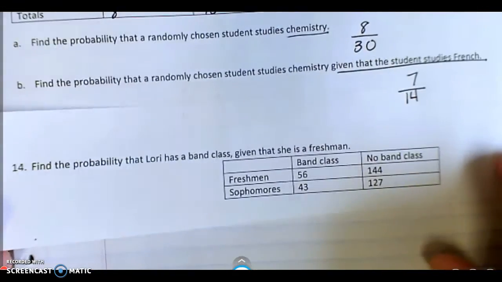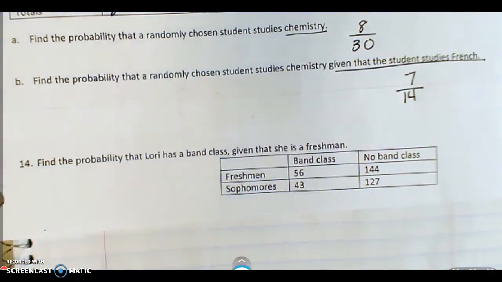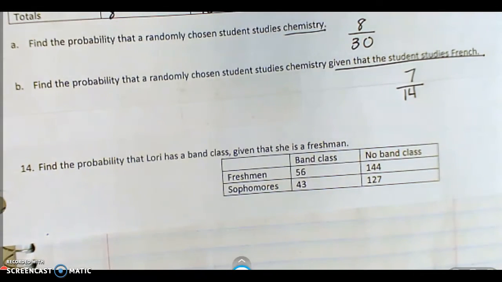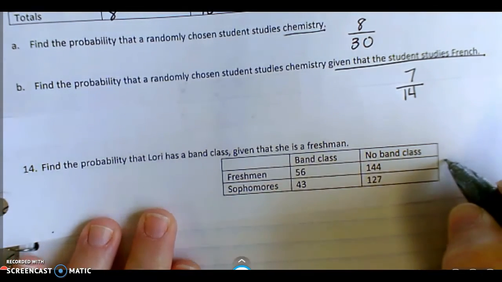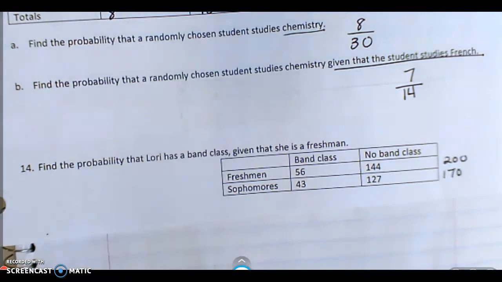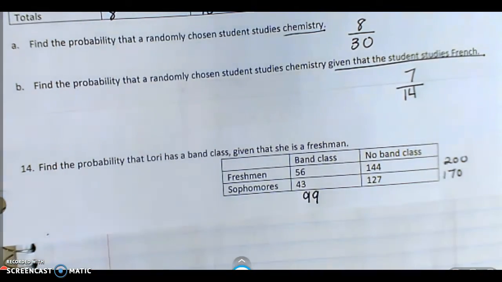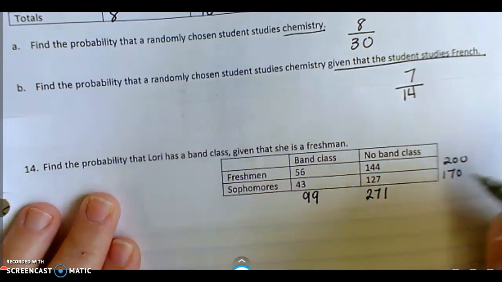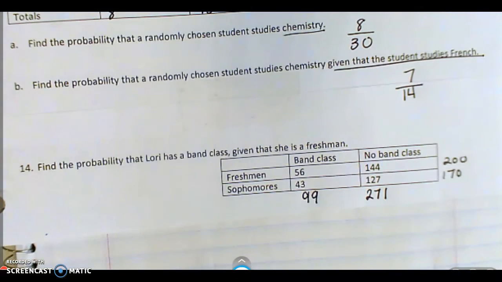One more example. Notice this one is one that did not give me those totals, so I'm going to go ahead and find them. 56 plus 144 is 200. This is 170. Okay, and then I can add across.